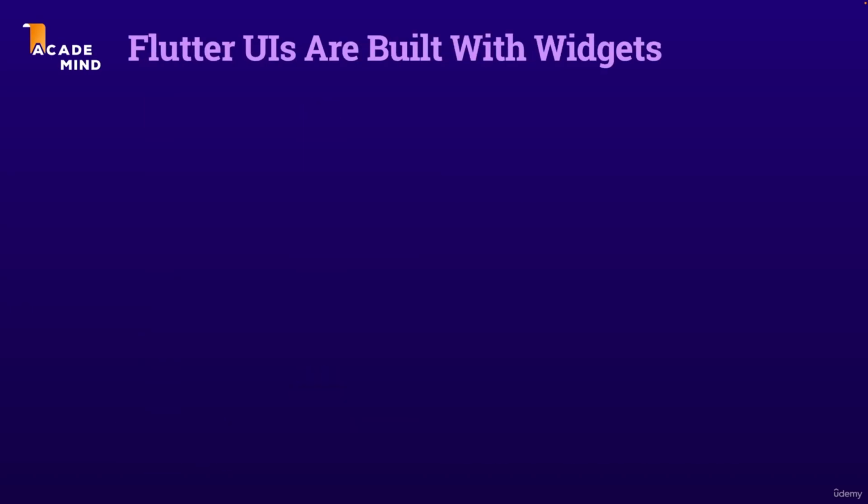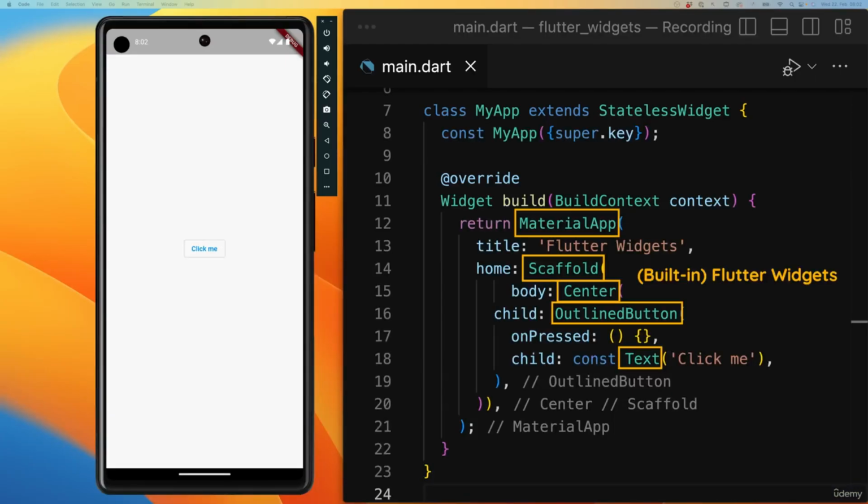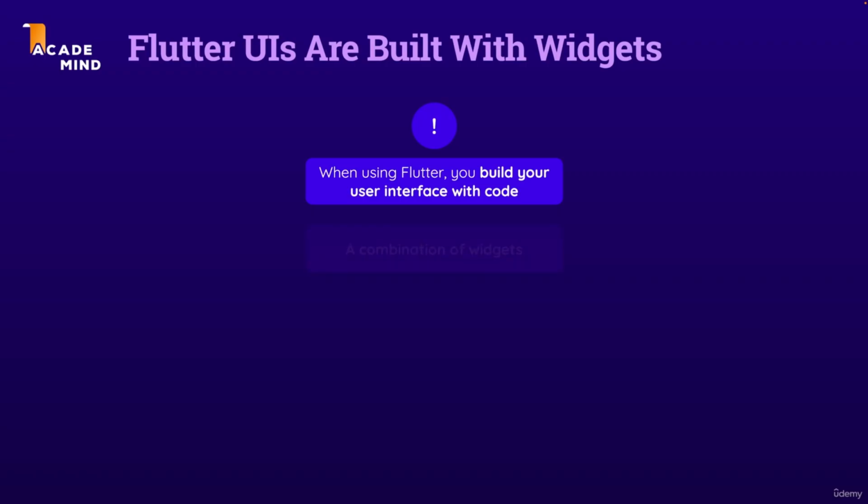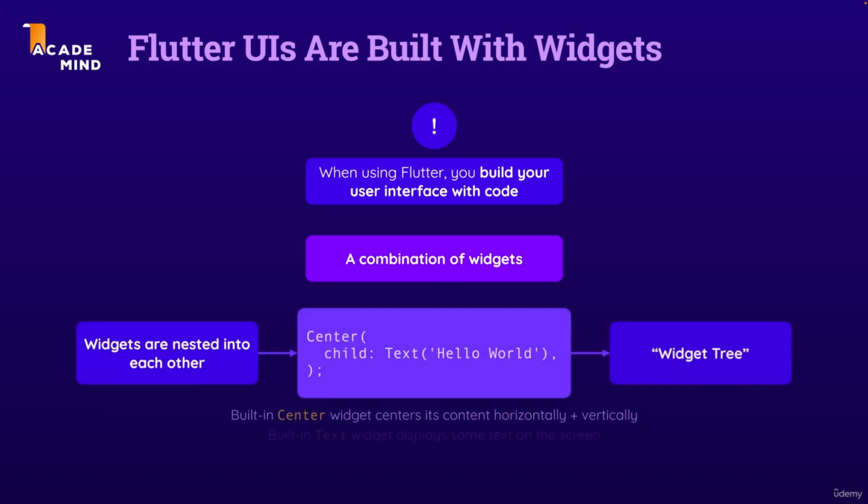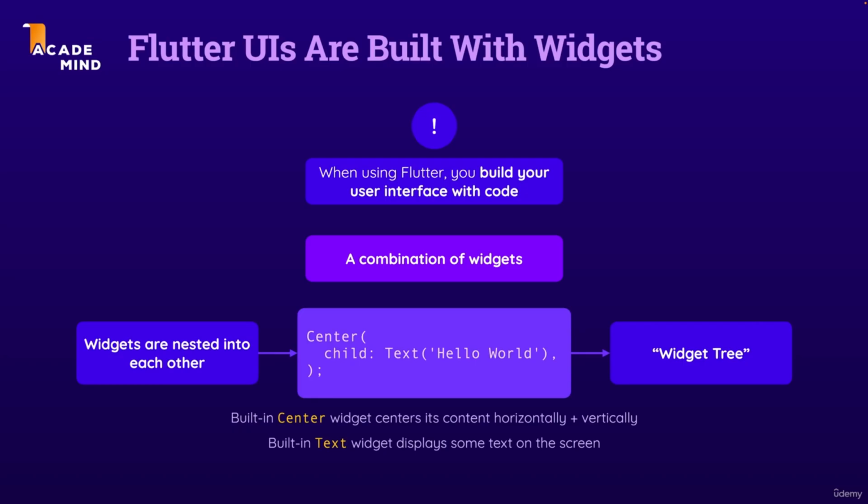Because Flutter user interfaces are built with widgets. When building a Flutter app, you don't use some visual drag and drop editor. Instead, you build your user interface in code by using so-called widgets. You typically combine many widgets with each other. You nest those widgets into each other, as you will see over the next lectures, to build a user interface.